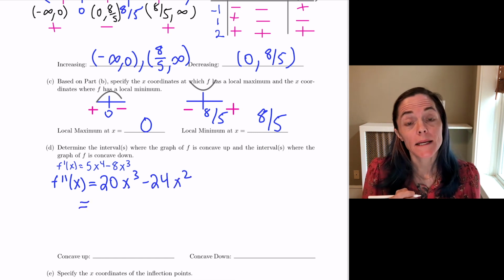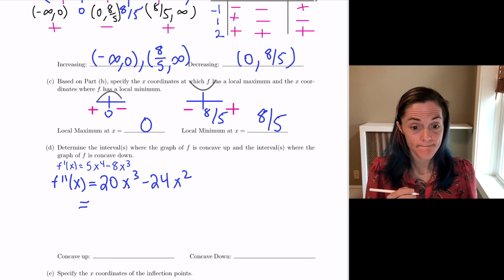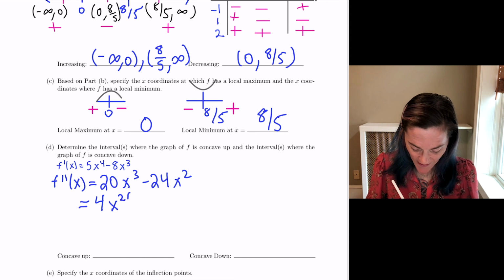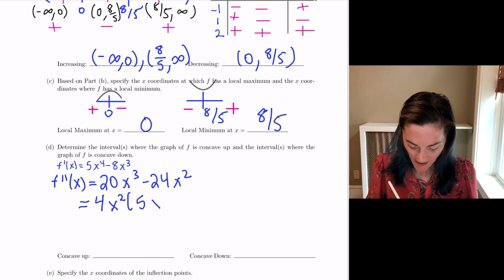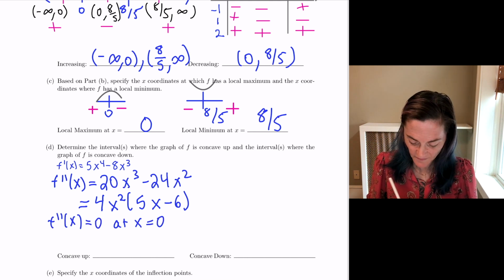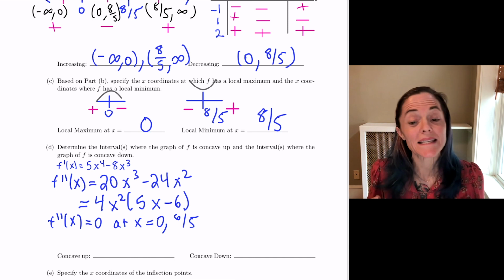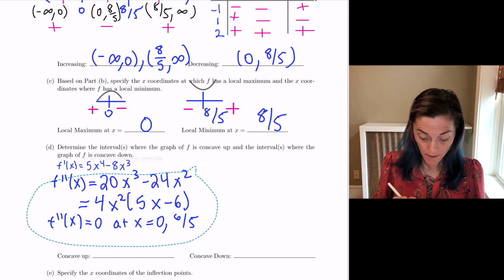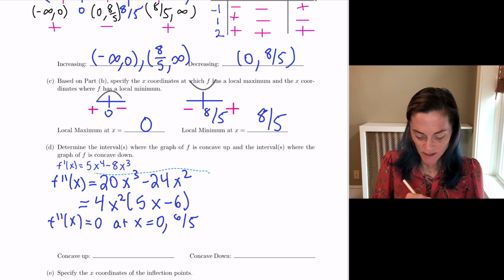Factor out what's common to both terms. We can factor out 4x squared. We're left with 5x minus 6. So my second derivative is 0 at x equals 0 and 6 over 5.